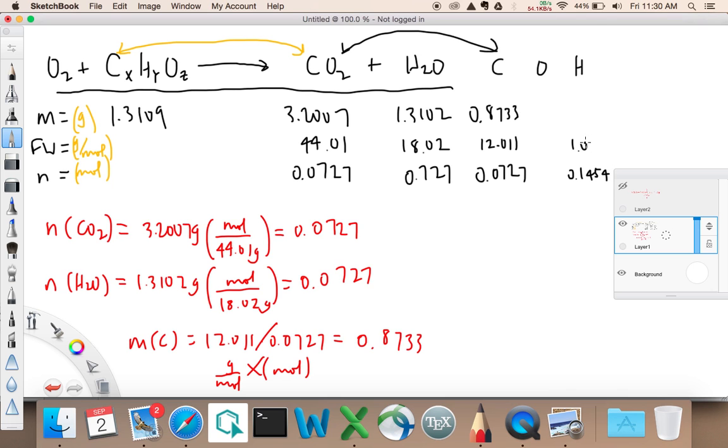And this is 1.008, right? So times 1.008. This is going to give us 0.1465. Okay?